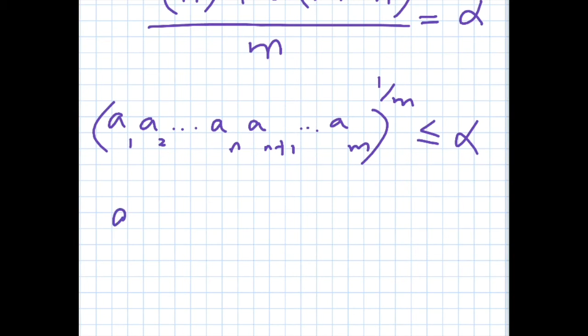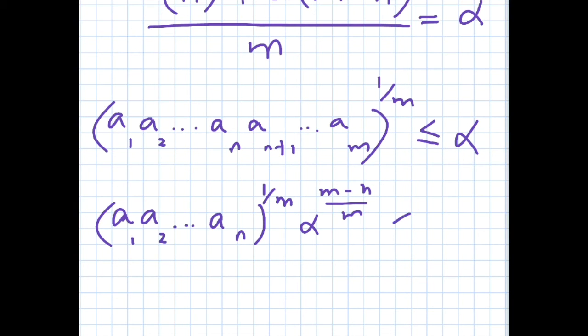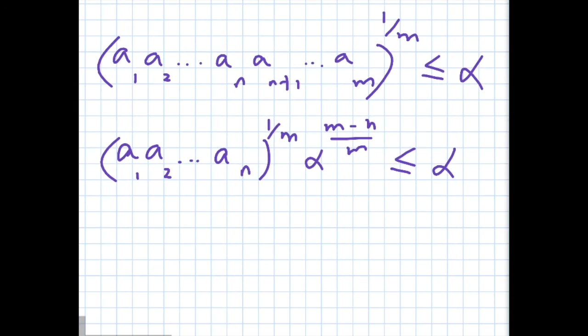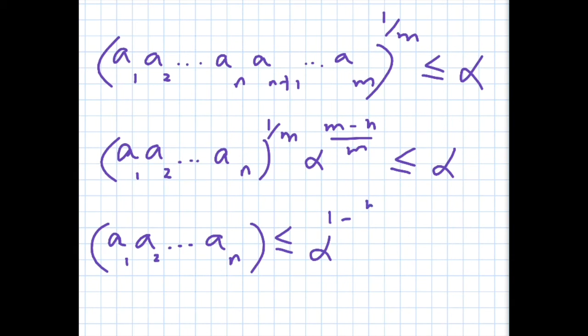Then we can say a1, a2 up to an to the power of 1 over m, and then alpha to the power of m minus n over m, is less than alpha. Then a1, a2 up to an to the 1 over m is less than alpha to the 1 minus (m minus n) over m, which is alpha to the n over m.